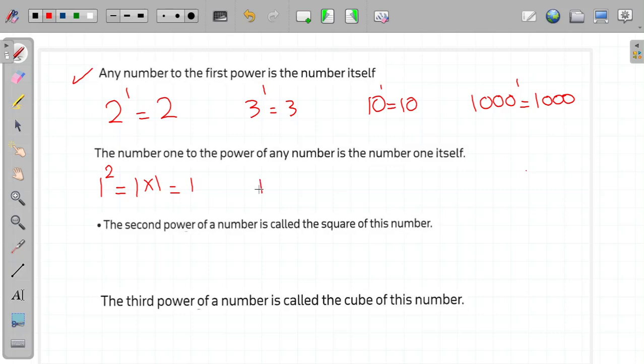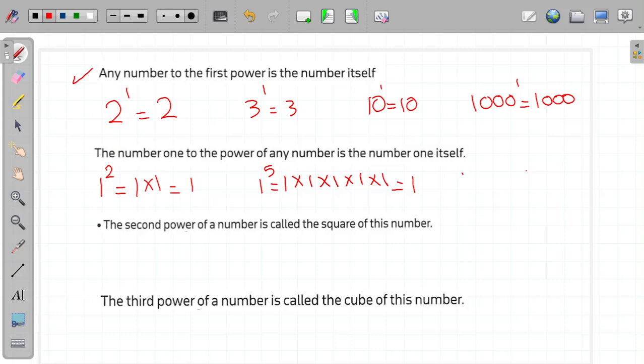So if I have 1 to the power of 5, it's equal to 1 by 1 by 1 by 1 by 1. 1 by 1 by 1 by 1 by 1 equals 1. So 1 to the power of 5 equals 1.